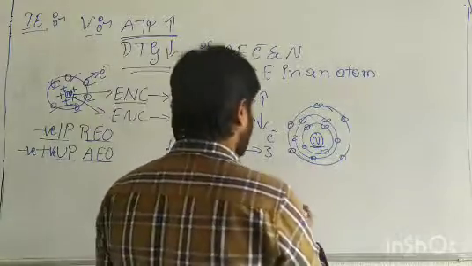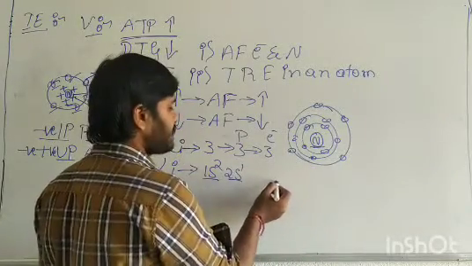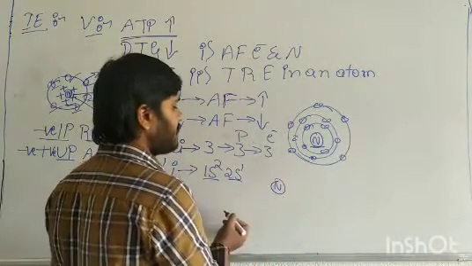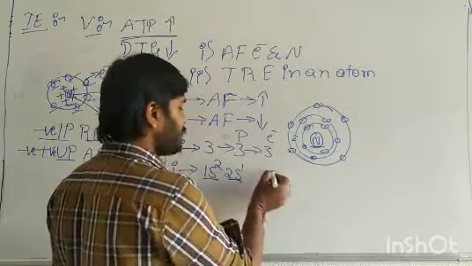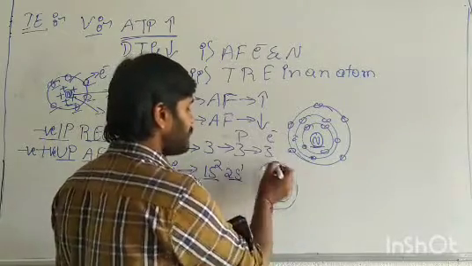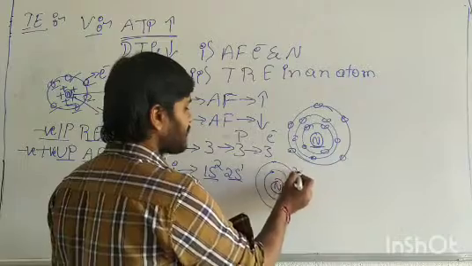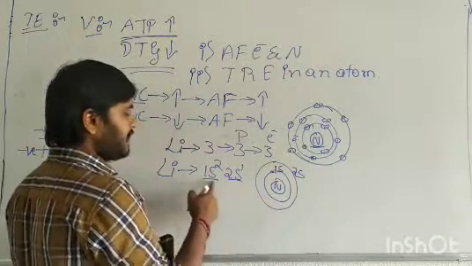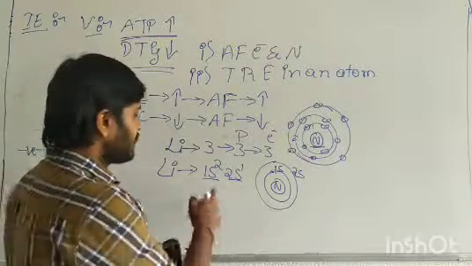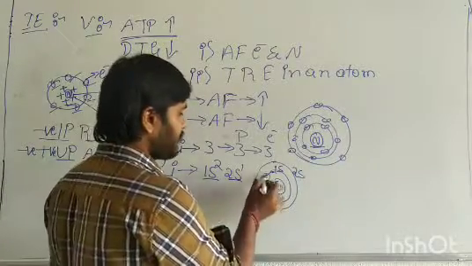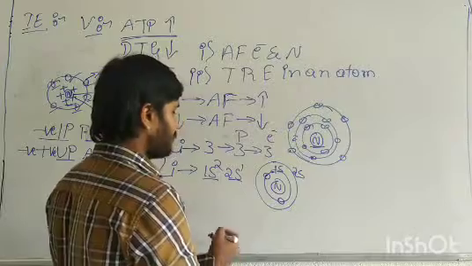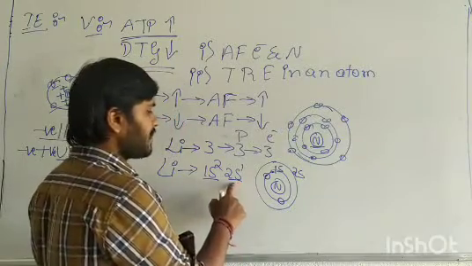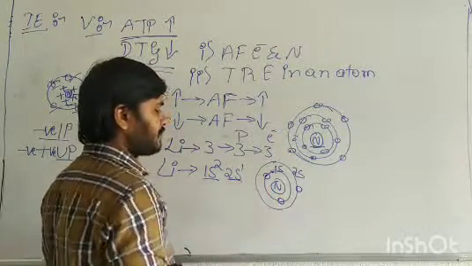Okay. If I draw the lithium atom here, this is the lithium atom nucleus, this is the 1s orbital and this is the 2s orbital. From the electronic configuration, you know that the 1s orbital has 2 electrons, the first electron and the second electron, and the 2s orbital consists of 1 electron, right?